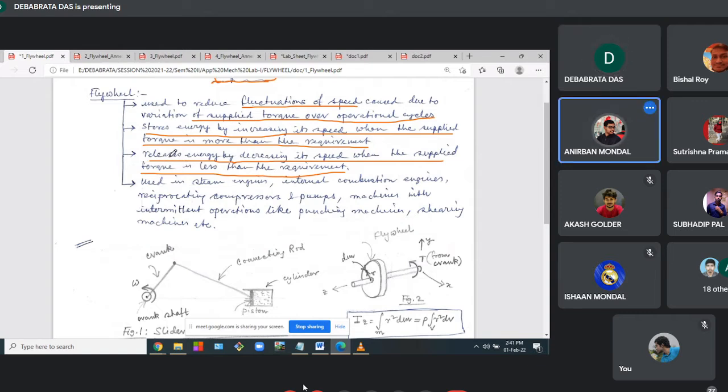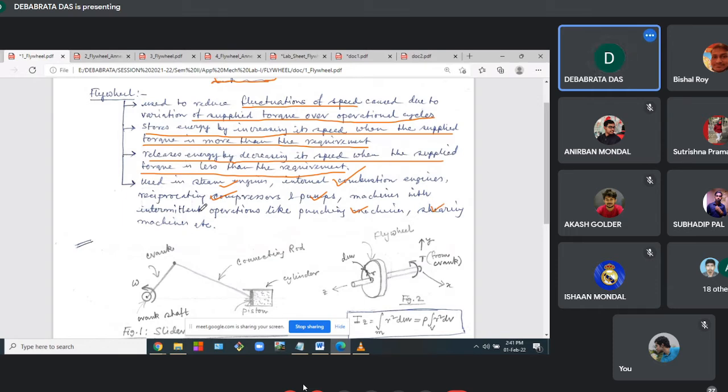Now, these flywheels are used in various machines like steam engines, IC engines, that is internal combustion engines, both diesel and petrol engines, then reciprocating compressors and pumps. These are continuously operating machines. Then intermittent machines like punching machine and shearing machine also use flywheels.